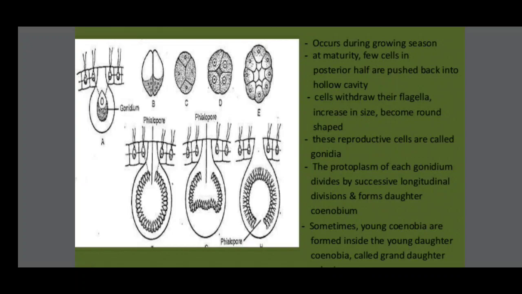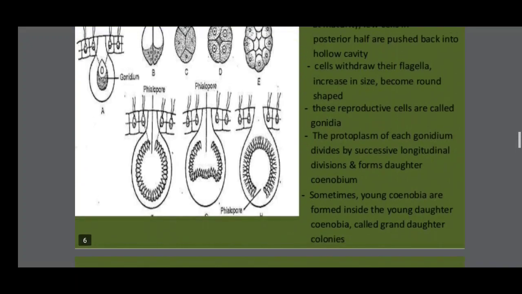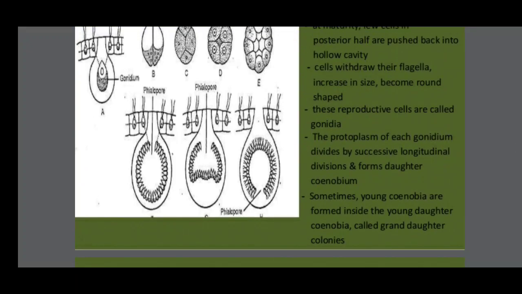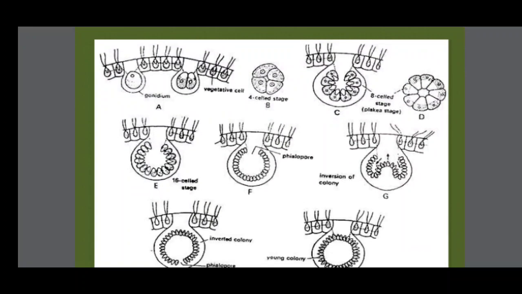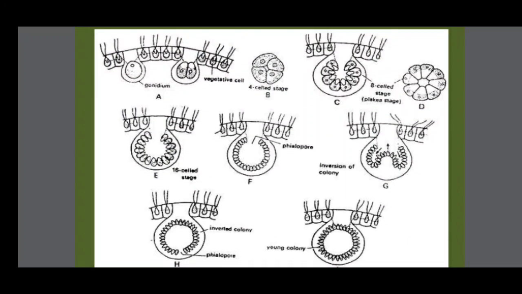Sometimes young coenobia are formed inside the young daughter coenobium, called granddaughter coenobia. After the formation of the coenobium, it inverts, and the cells face front to back and back to front. So you observe these diagrams A to I. First, the hollow cavity is formed.